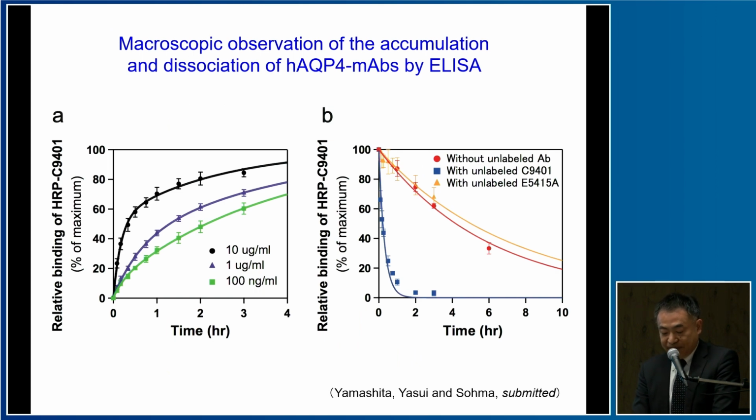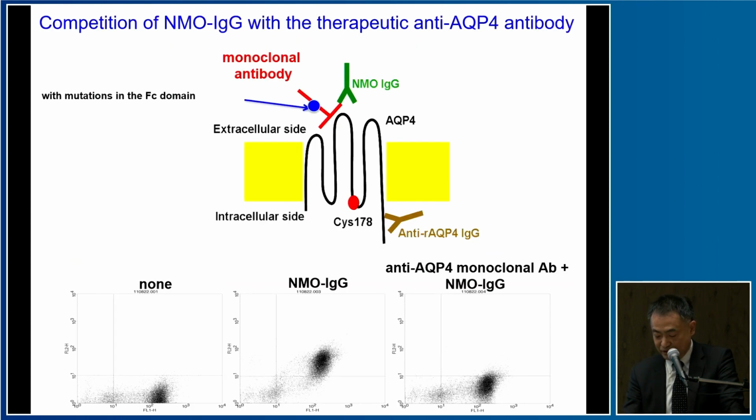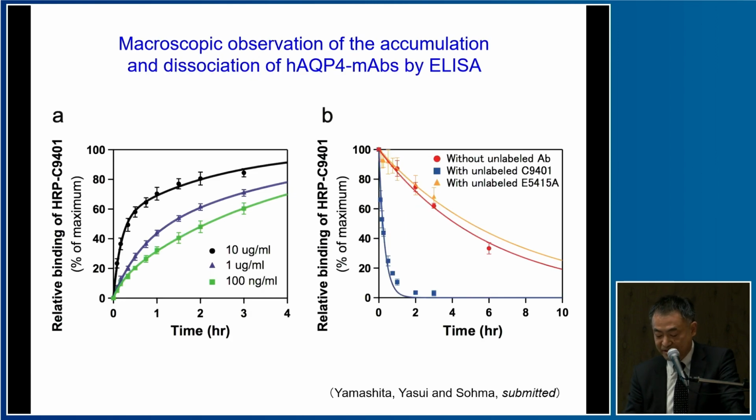And we also characterized this antibody. We incubated the labeled aquaporin 4 monoclonal antibody overnight, and if we wash out, this antibody binding gradually decreases. But if we add a 10-fold molar excess of cold antibody, we can get rid of the pre-incubated labeled antibody immediately.